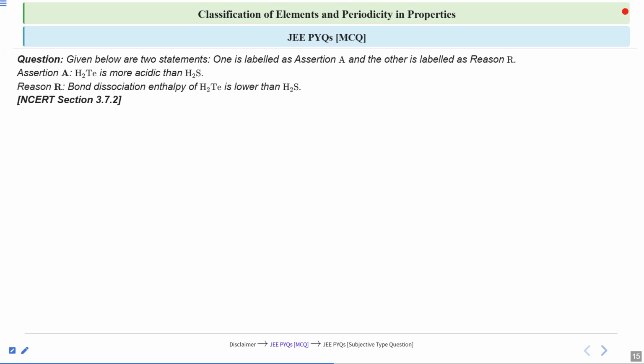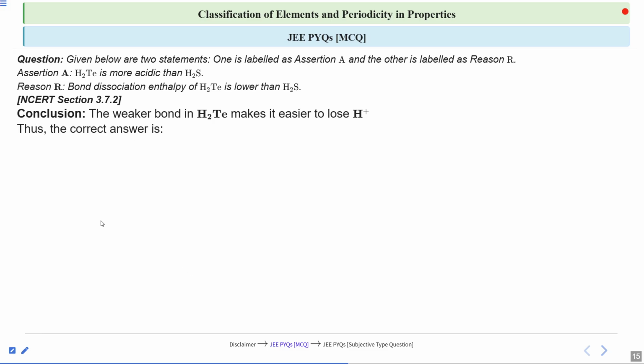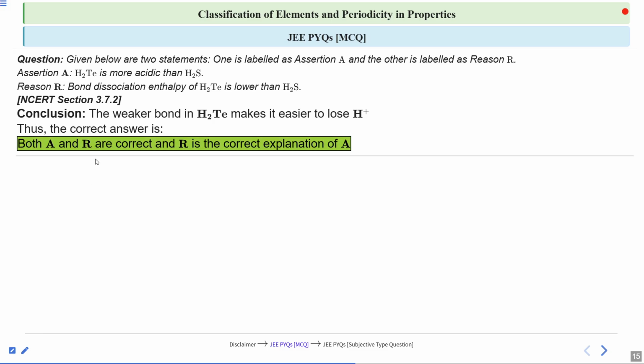So what can we say finally? That the weaker bond in H2Te makes it easier to lose the H plus ion. Therefore, the correct answer is: both assertion and reason are correct, and the reason is the correct explanation of A.